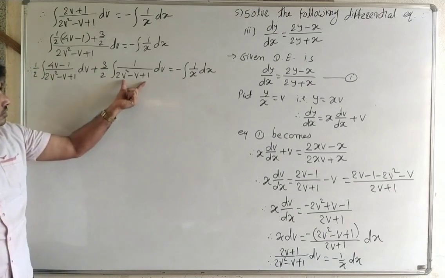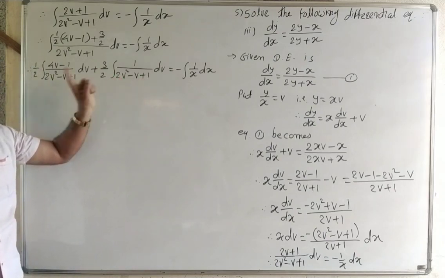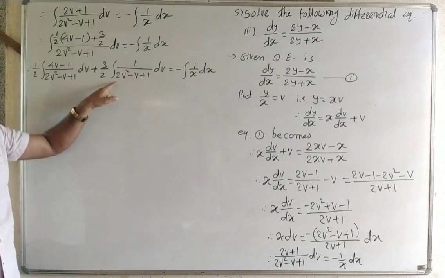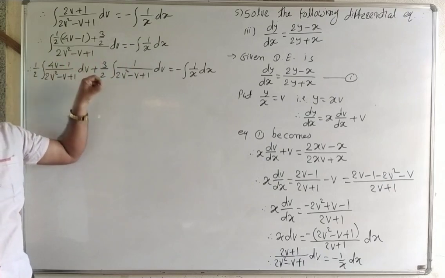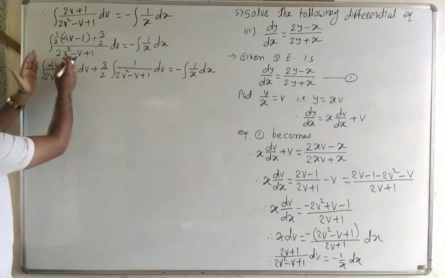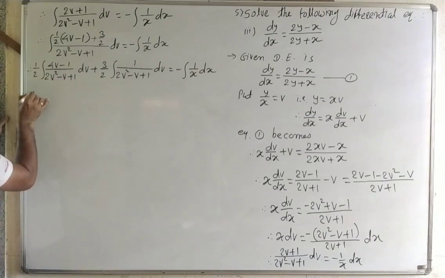To complete the square, first we write the coefficient of v square as 1. So first we take this 2 common in the denominator. Okay, here it is f dash of phi upon f of phi, and it is 1 upon a quadratic function. Here there are two integrals we can solve.